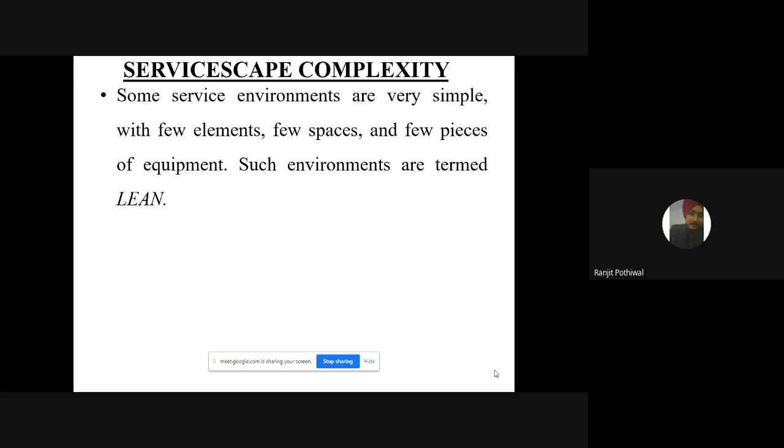An example is an ATM. So what is there in an ATM? There is only one single machine where you are looking at the screen. If buttons are there, you are pressing buttons, or you are tapping on the screen, and your work is done. So there is only one or two pieces of equipment kept. Now there are cash deposit machines also, CDMs.